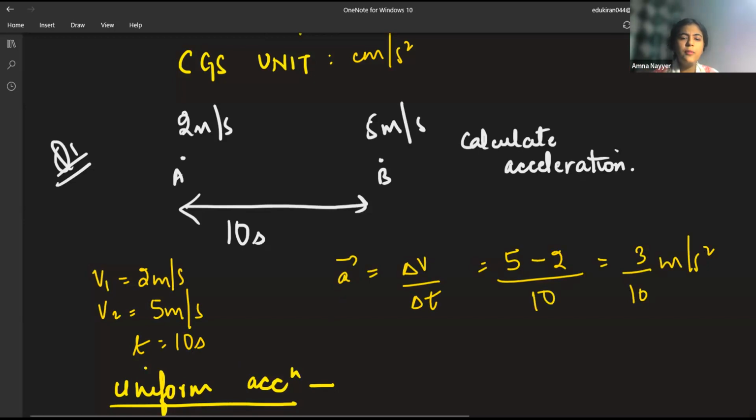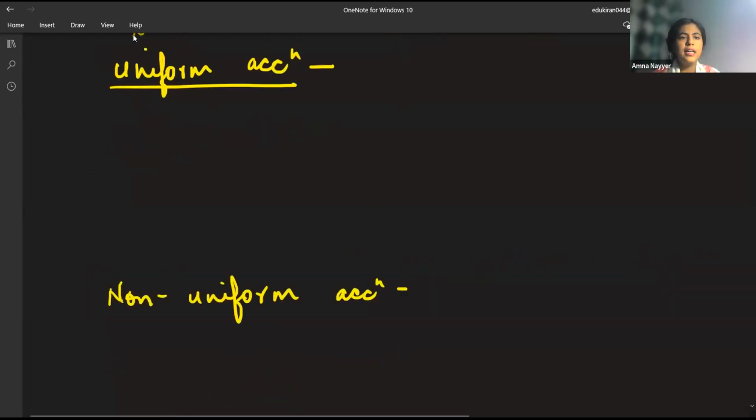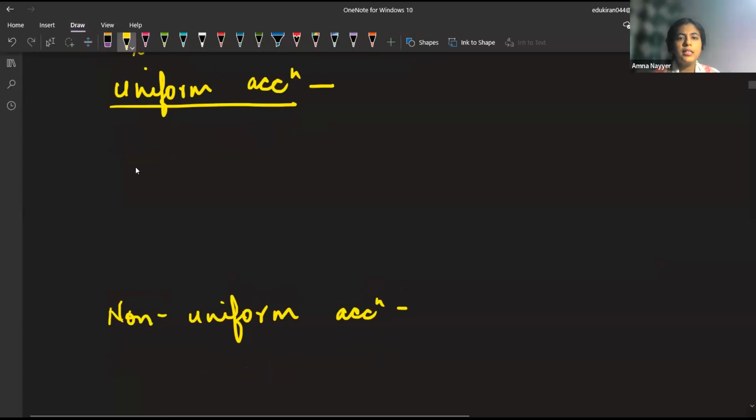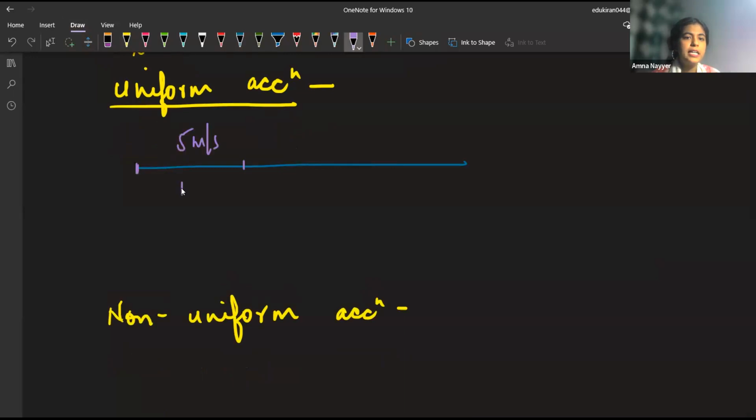And see, uniform acceleration, same thing. Initially velocity was 5 meter per second, time was, let's say, 1 second. Then here also speed is 5 meter per second, time is 1 second. Here also speed is 5 meter per second, time is 1 second.